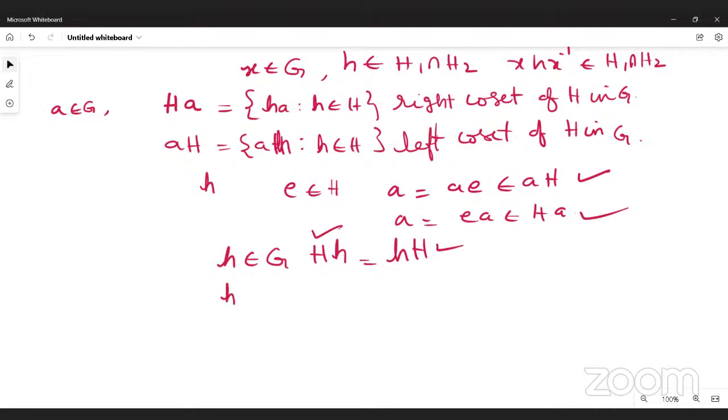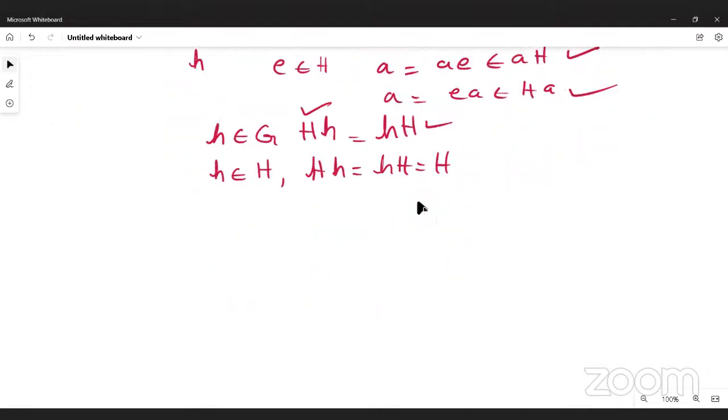Now, if h belongs to H, then you have Hh is equal to hH is H. That means whenever h is an element of H, there is no distinction between a left coset and a right coset.